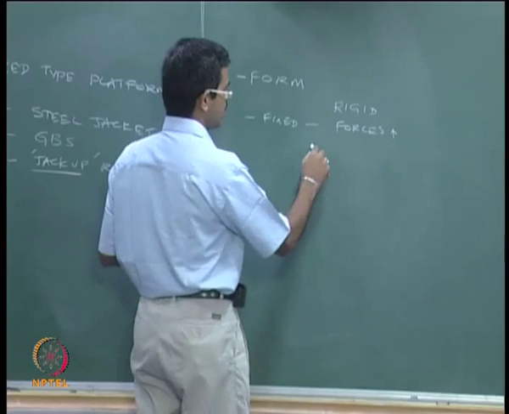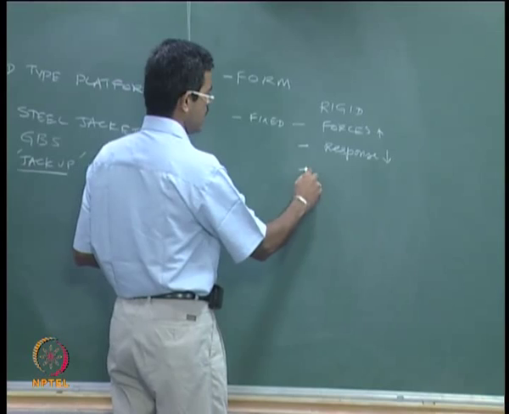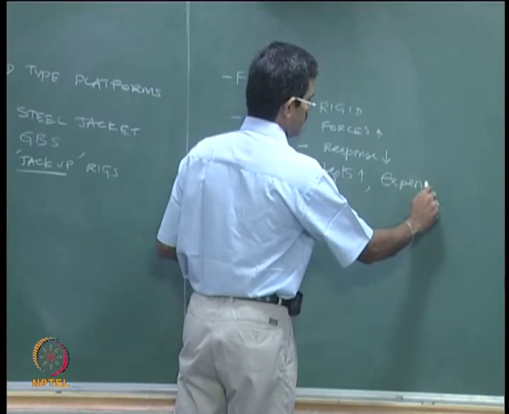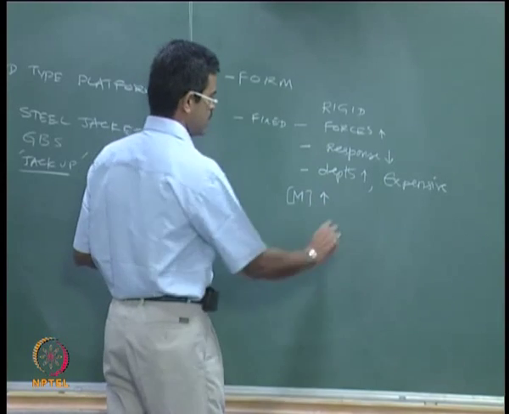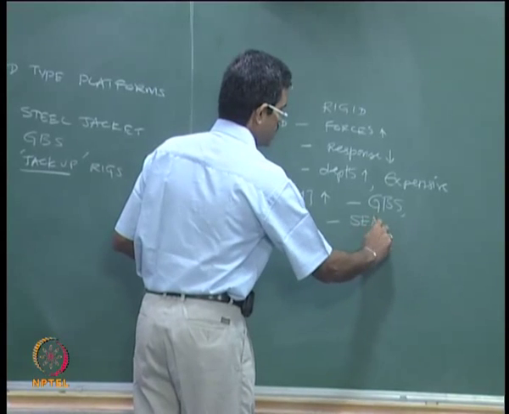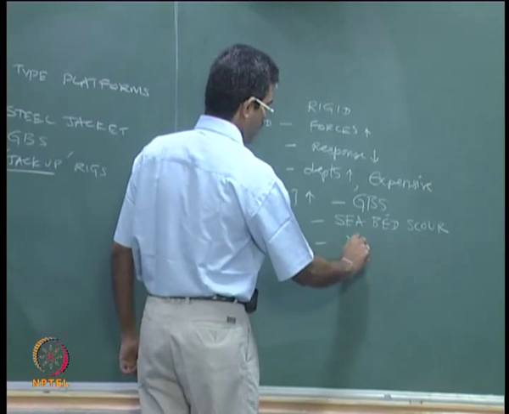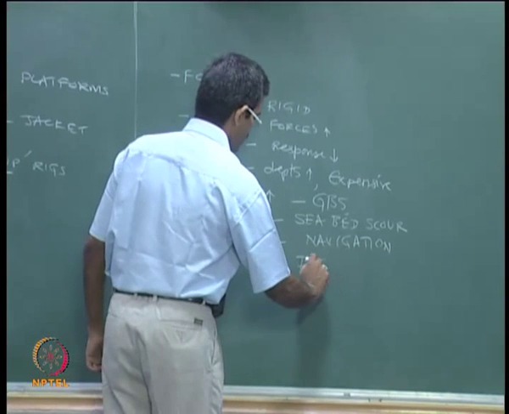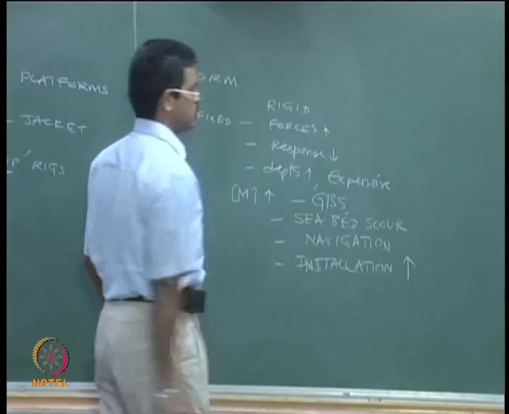The advantage is the response is less. Depending upon the increase in water depth, the system becomes expensive, and since the mass is very large in the case of a gravity based structure, it creates many problems like seabed cover, interference with navigation, and the cost of installation also grows expensive.